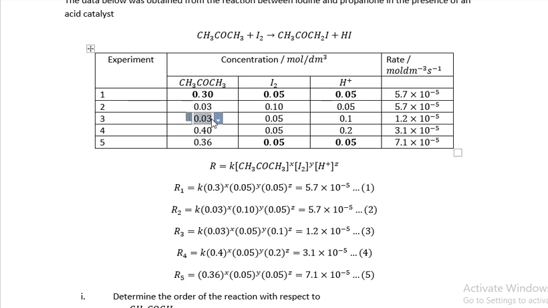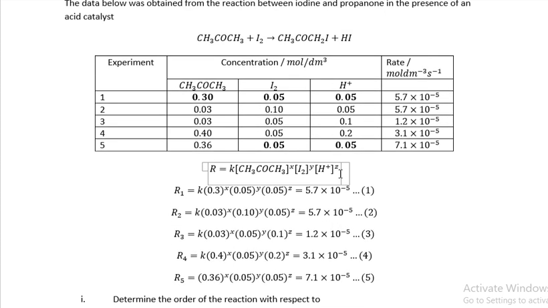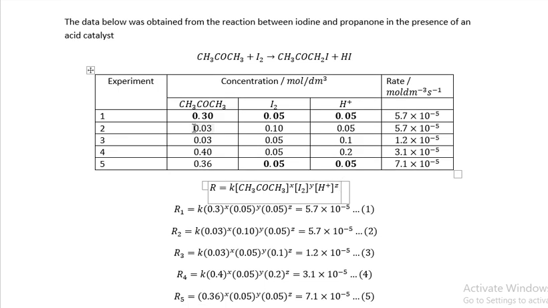It repeats here, but this one does not repeat here. It has a different value, so we have to look at what we are going to do here. This one is 0.2. Let us see what we can do. Here we have 0.03, and it is constant here as well.